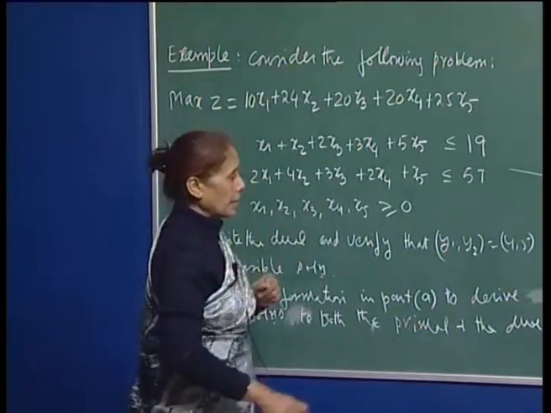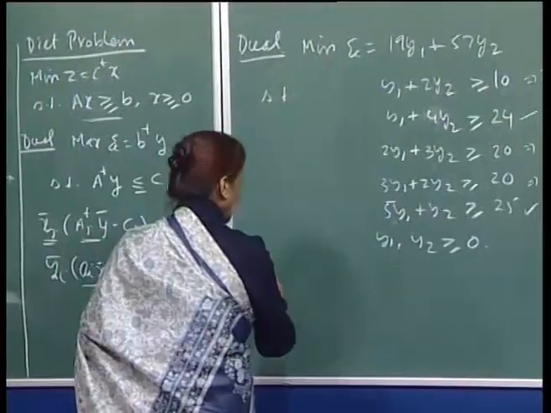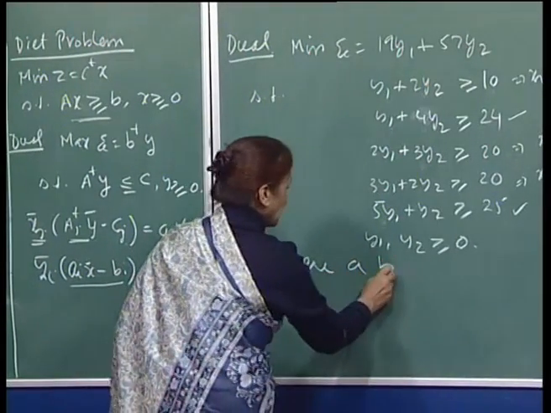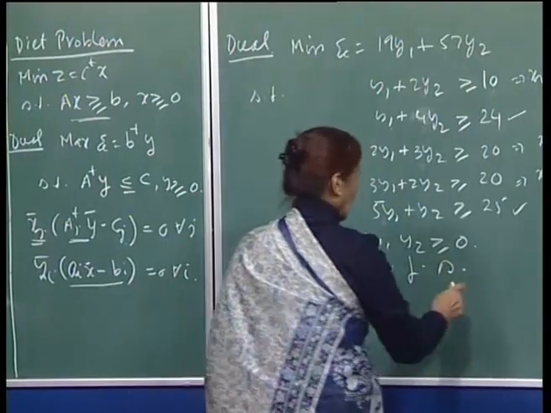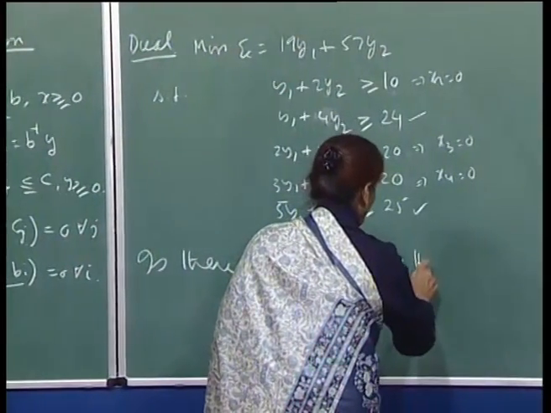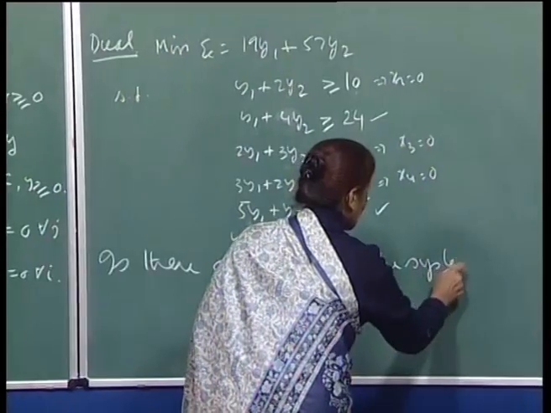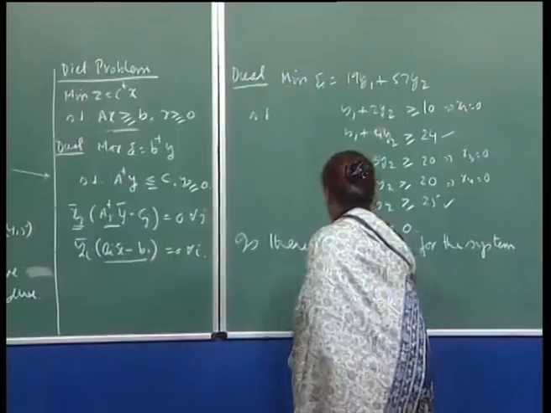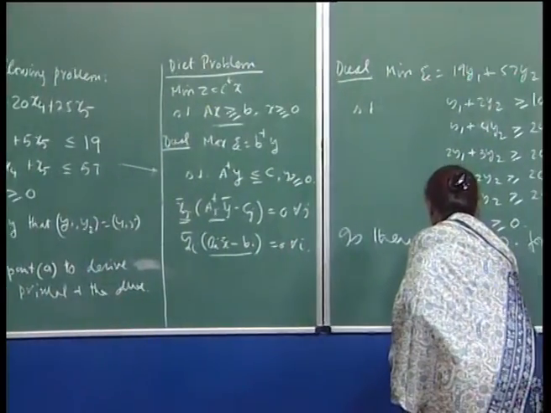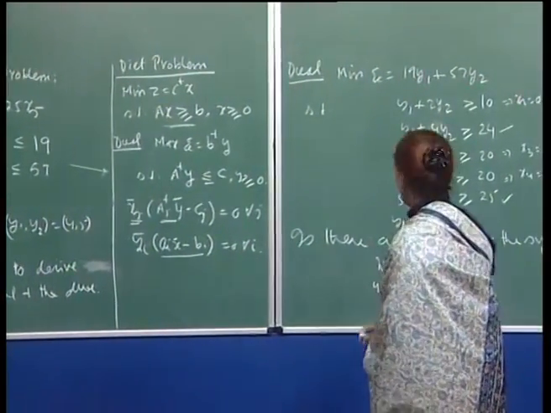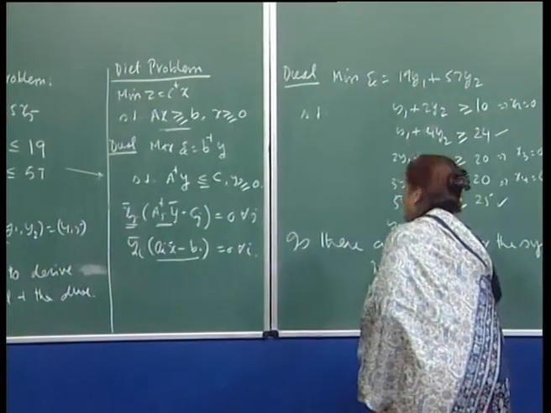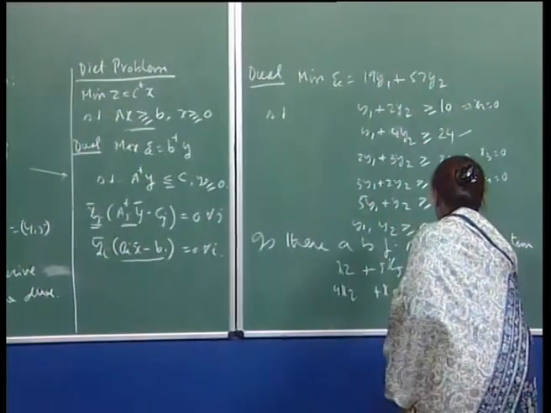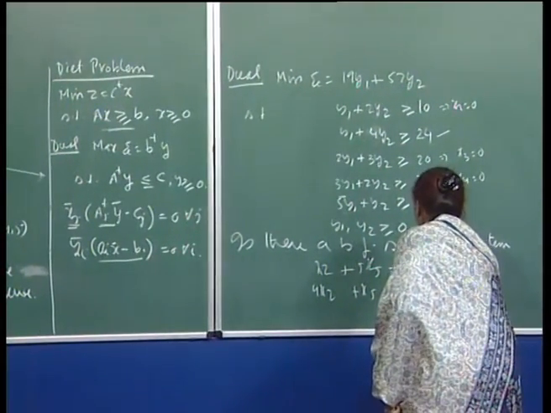So, you make all the others zero. Then is there a basic feasible solution for the system? What will it be? It is 4x2 plus 5x5 is 19, and x2 plus x5 is 57, right.